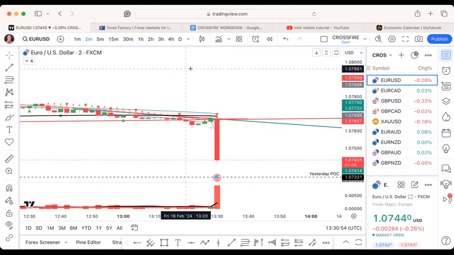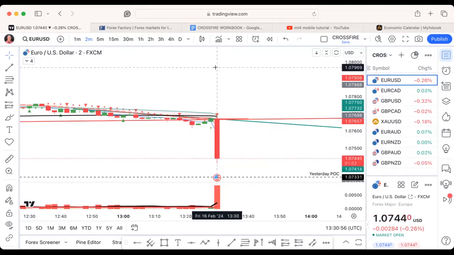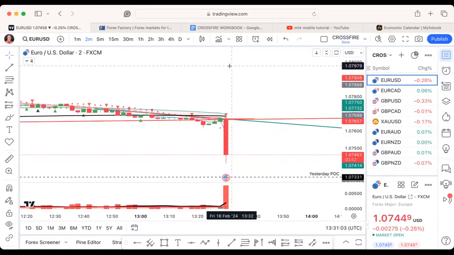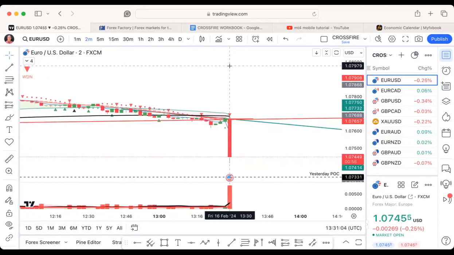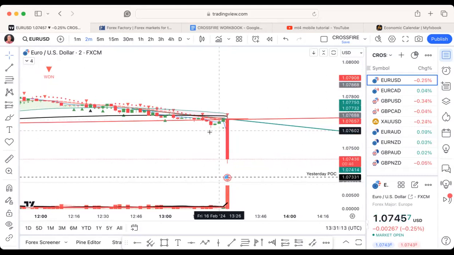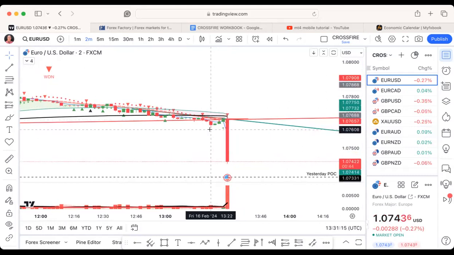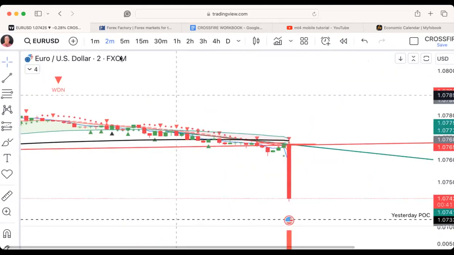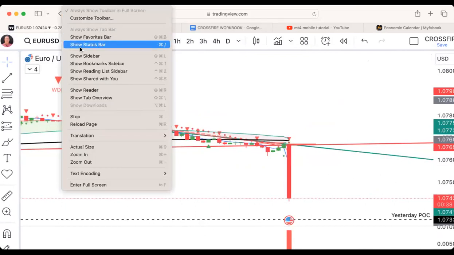Then there's big boys manipulating price for their own purposes and taking out stop losses, because they've got very sophisticated stopware which can tell them the value of everybody's stop loss. So they know where the stop losses are and they know the value of them, and they just manipulate price to take out those stop losses.